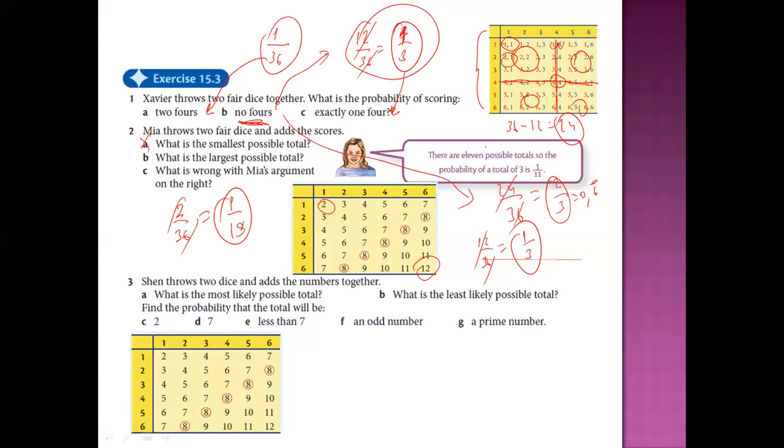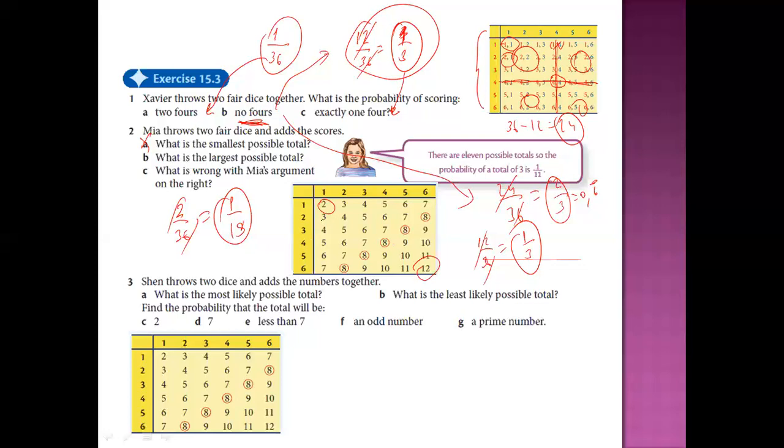There are 11 possible totals, so the probability of a total of 3 is 1 over 11. Not 1 over 11. Why?